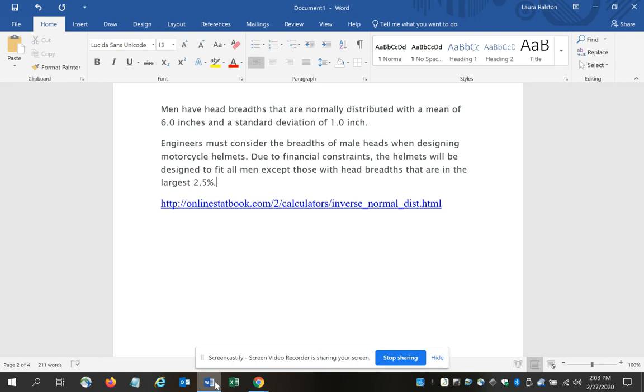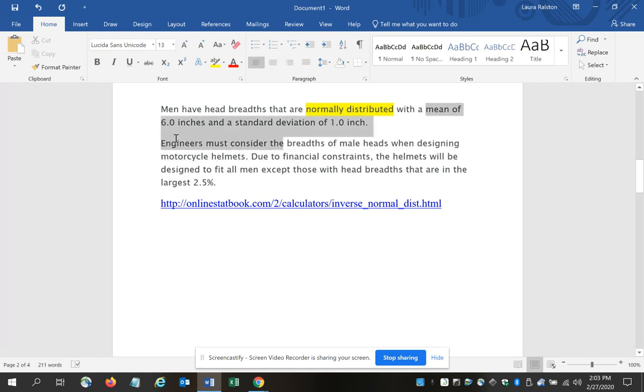in the largest 2.5%. Now, first of all, to work through this problem, you really have to be told three things initially. One is that your variable, which in this case is the head breadths of men, is normally distributed.